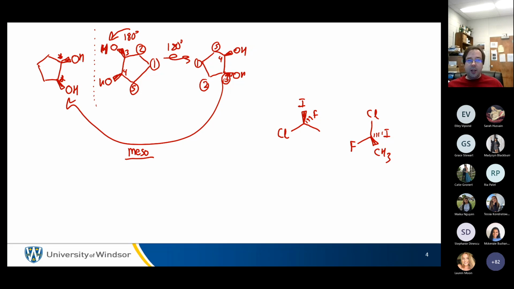And I can ask, what is the relationship between these molecules? Now, there's only one stereocenter, so they can't be diastereomers, because you need more than one stereocenter to be diastereomers. So if there's only one stereocenter, there's only 2 answers. They're either the same compound, or they're enantiomers of one another.